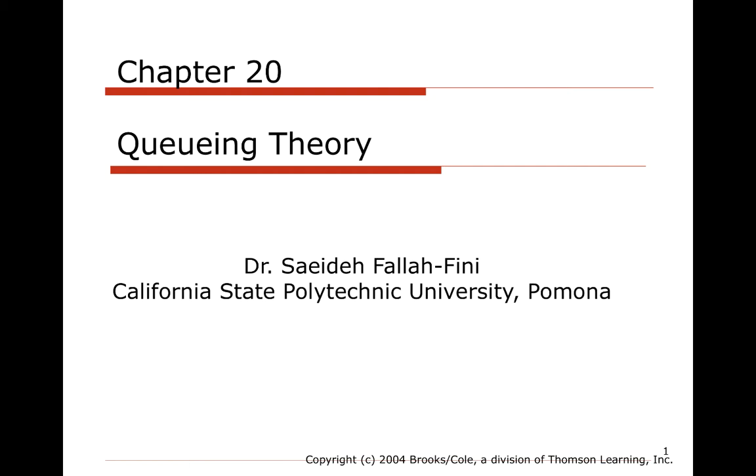In this video, we are going to continue our discussion on the queuing system and explore a new type of queuing system. So far we have done the M/M/1 system, which was section 20.4.